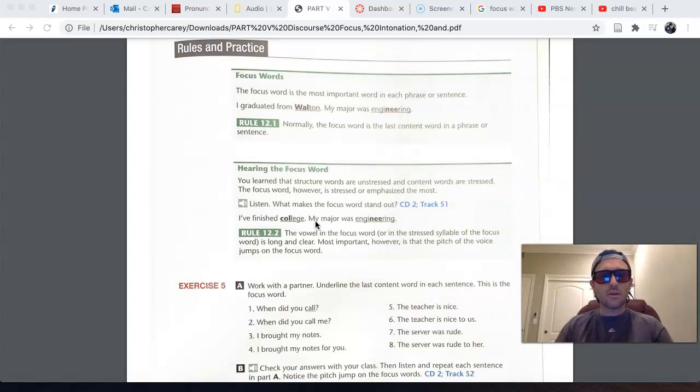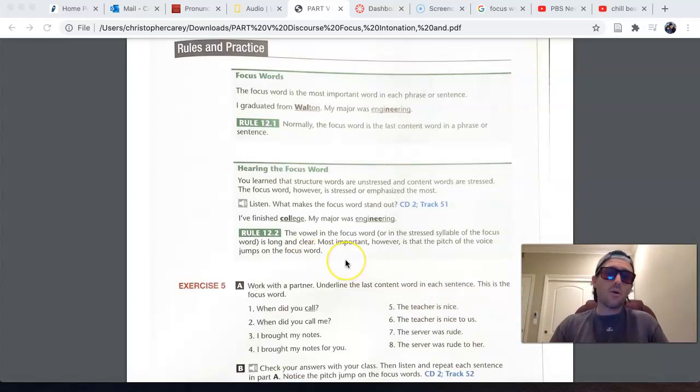Now, the stressed syllable in the focus word is long and clear. That vowel sound is longer and clearer than the vowel sounds in all of the other words in the sentence.